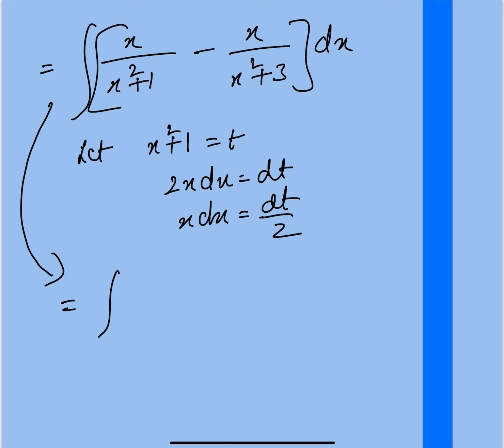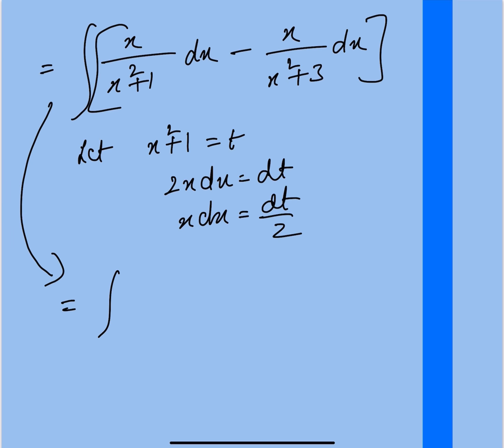I can mention a dx here and a dx here, for simplicity so that it makes more sense. So x dx is dt by 2. So write half outside, dt here, and what was this? This is t. So write a t over here.